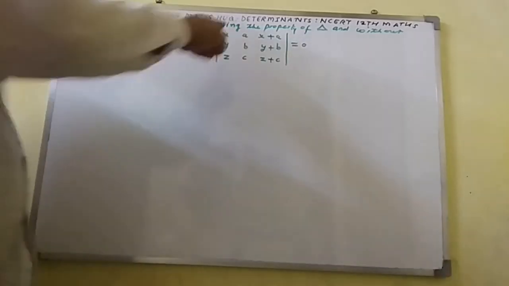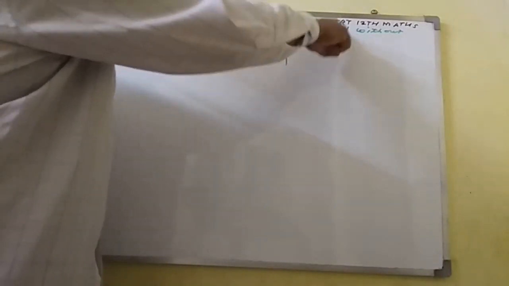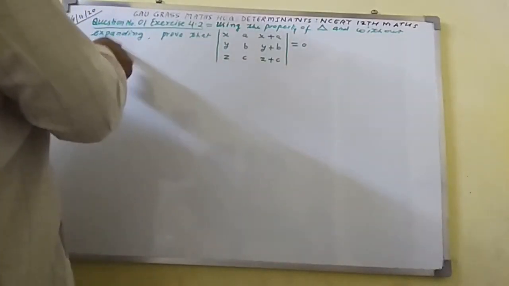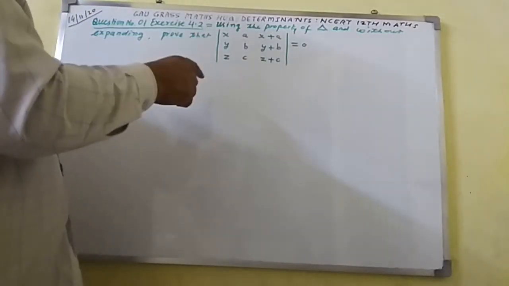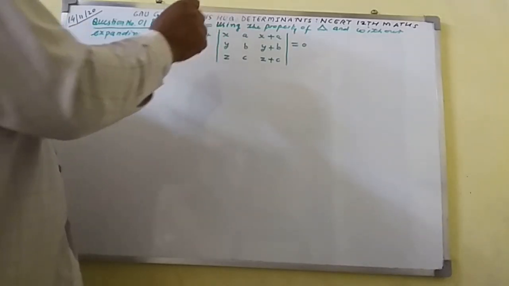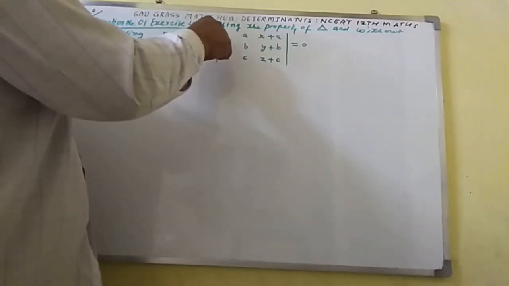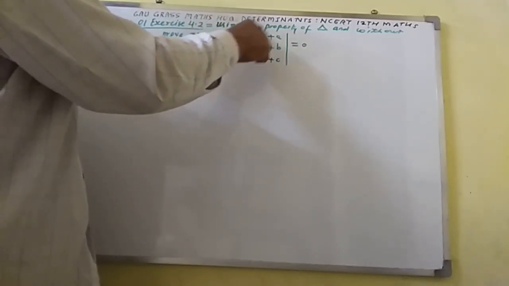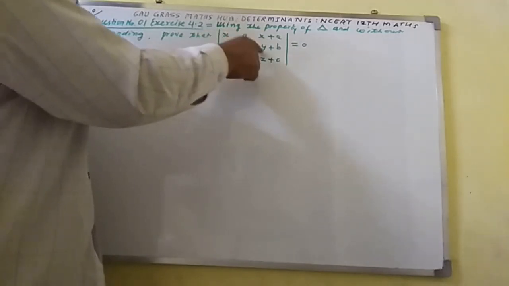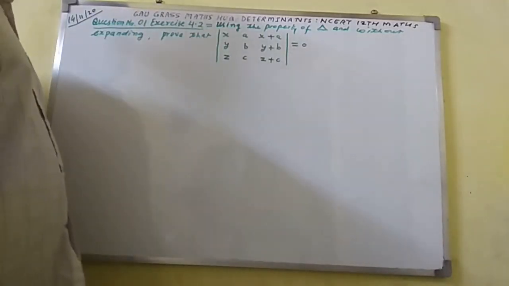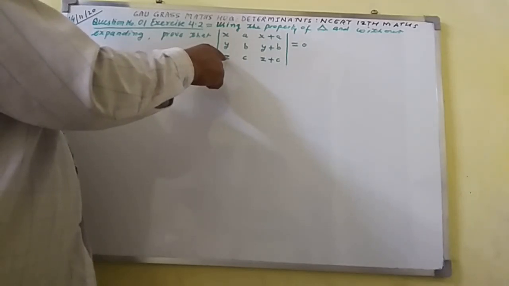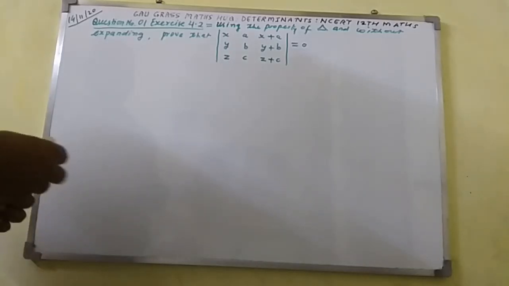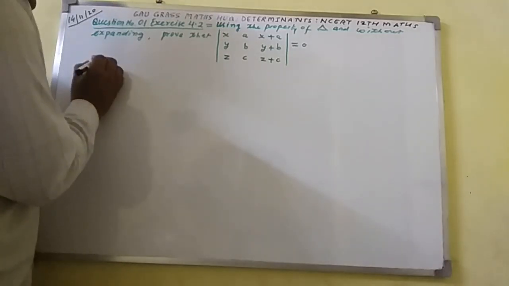Using the properties of determinants and without expanding, prove that the determinant with first row x, a, x plus a, second row y, b, y plus b, and third row z, c, z plus c equals 0. This is the question I am going to discuss here. Here I shall write the solution.